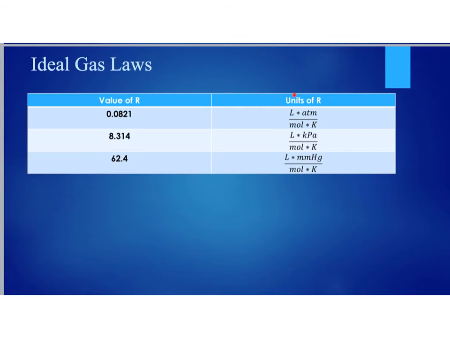And if you look over here, the units look all pretty much the same with the exception of one thing. I have L, so I have my volume, times a unit of pressure, divided by n, which is the number of moles, times your temperature value.